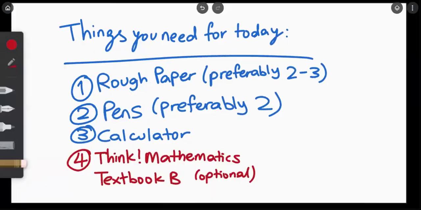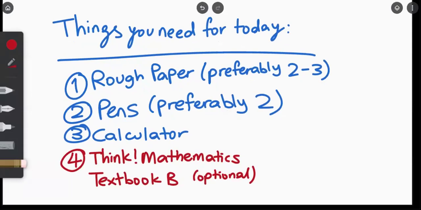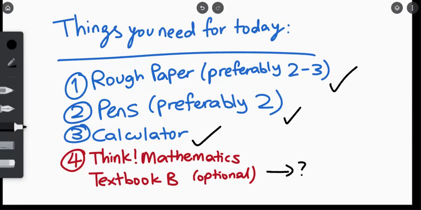So the things you need for today. You're already Set 4, so I shouldn't tell you what you need, but those of you who have not seen me before, I will take it as if you are new. So first things first, I need you all to have your rough paper, your pens and your calculator. If you have your textbook, because you're going through a new topic, that one already, so this one I will leave it up to you.